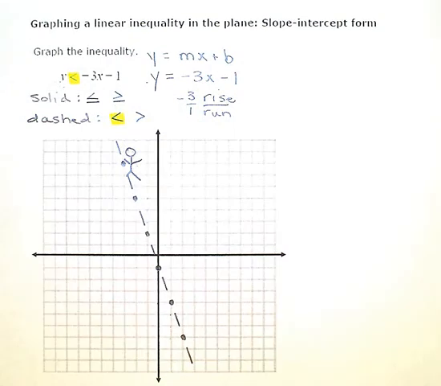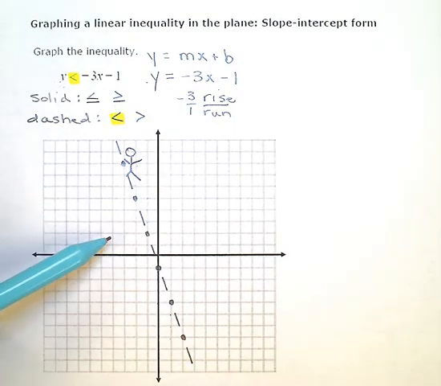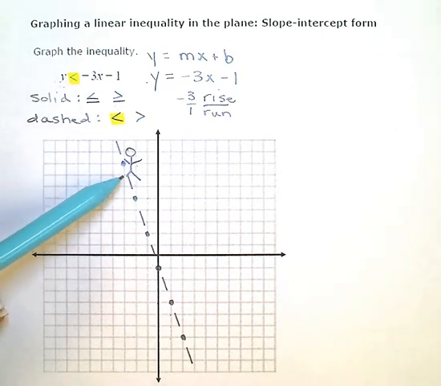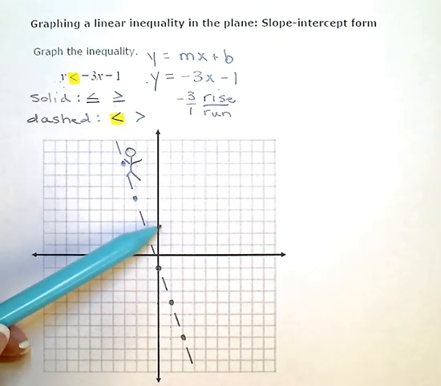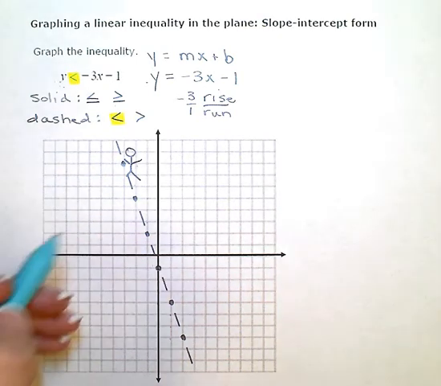This is a pretty steep hillside, so picture yourself hiking up a pretty steep hill right here, or actually going down this slope, because this is a negative slope.